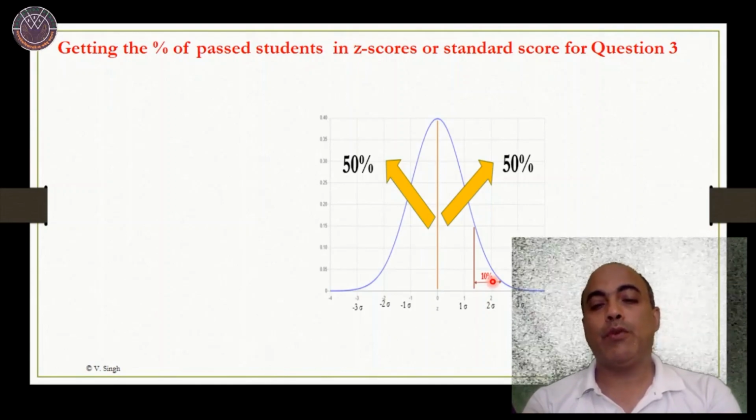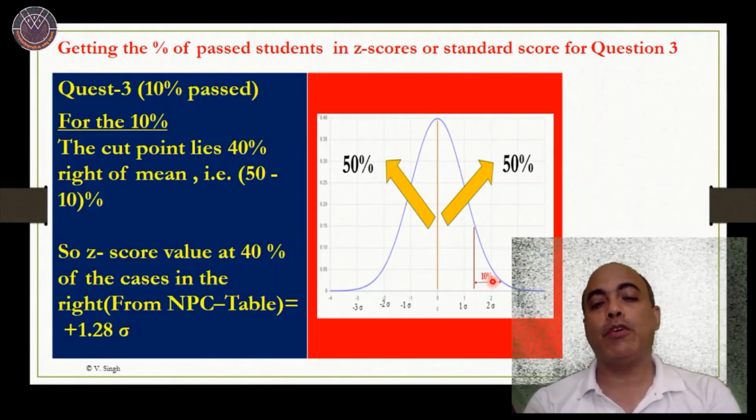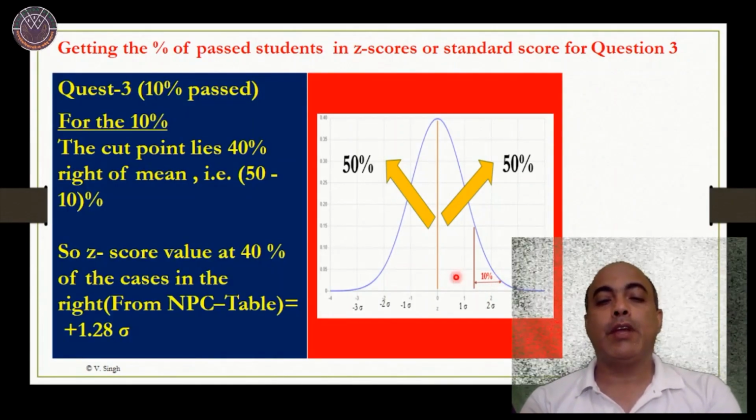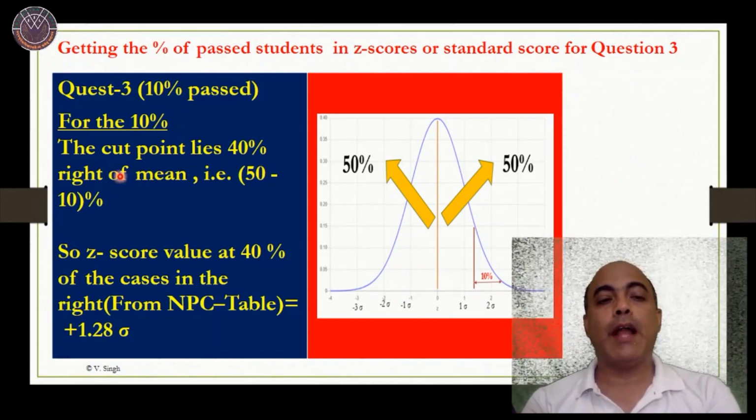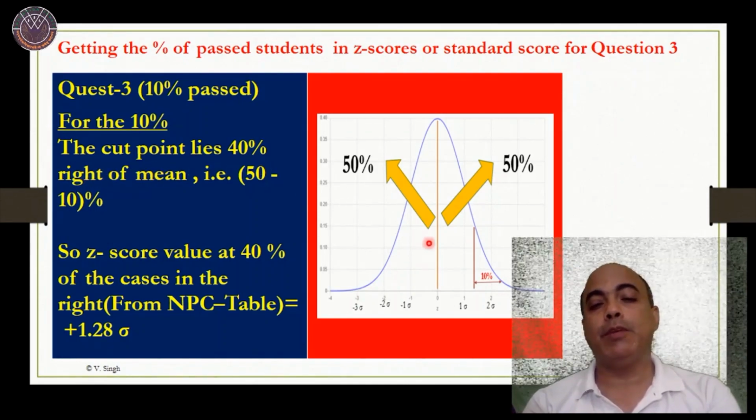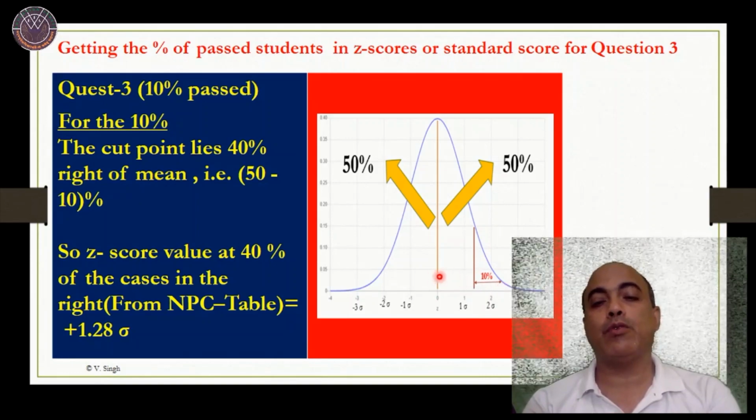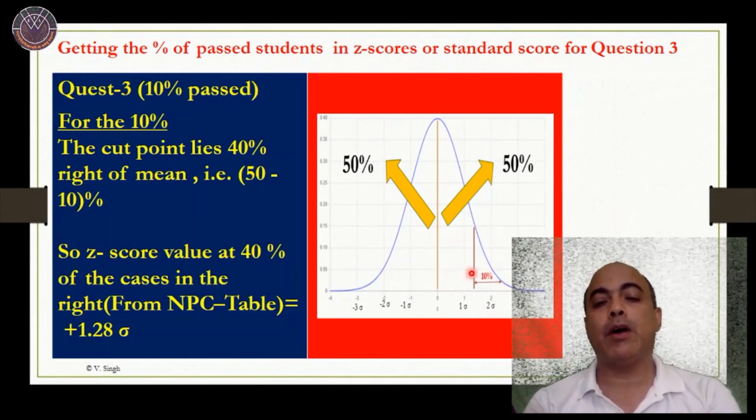If you want to get the sigma value for this region, you can see that the cut point lies 40% right of the mean, because 10% is here, so the remaining 40% is in this part.